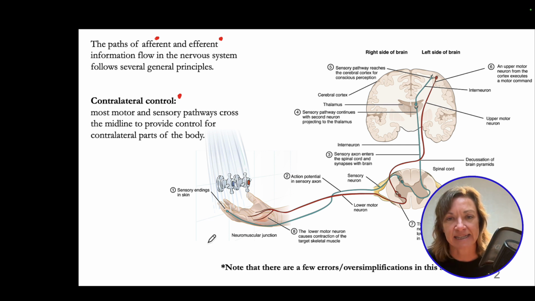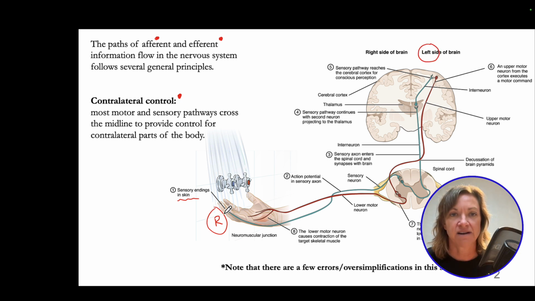So this is a little schematic of someone using their right hand to test the temperature of water in the shower in the morning. And the information from that right hand that originates at sensory endings in the skin ultimately impinges on the left side of the brain.